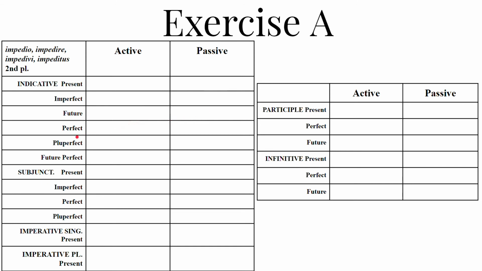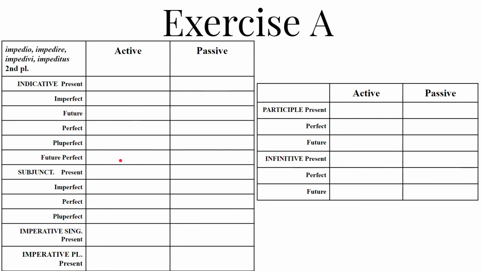The perfect, pluperfect, and future perfect form from the perfect stem of the verb, third principal part minus the i: impediv. So you add the endings: impedivistis, impediveratis. In the future perfect, impediveritis.